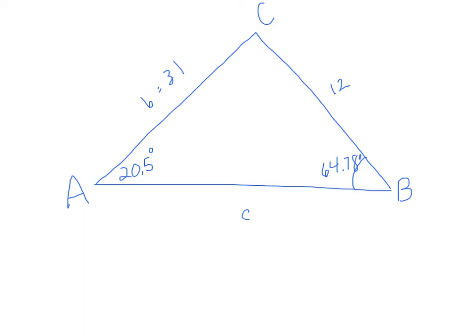So in this triangle, to find angle C, I would take 20.5 and 64.78, subtract from 180, and get C. And we got C, it was 94.72. And that makes sense, right? Then I used this to find this C, and this was 34.15.